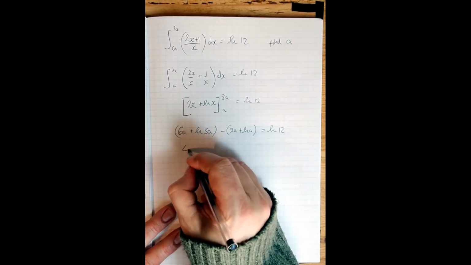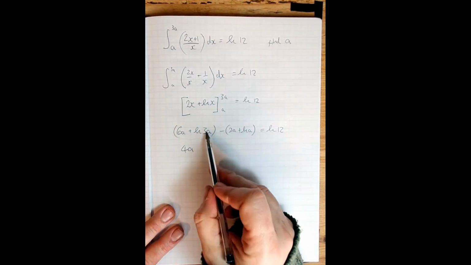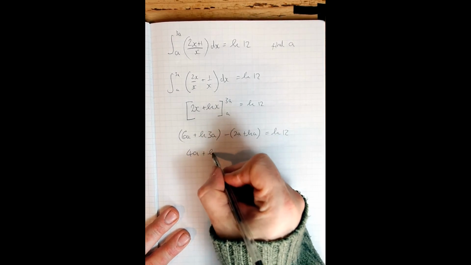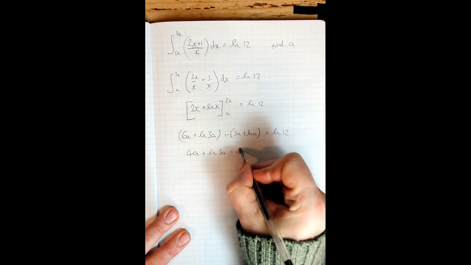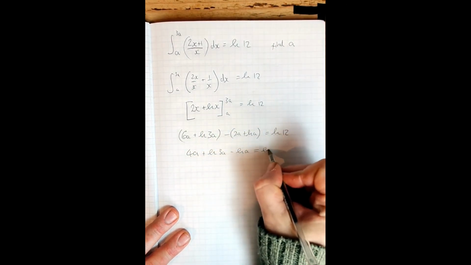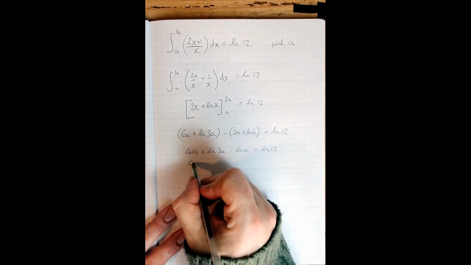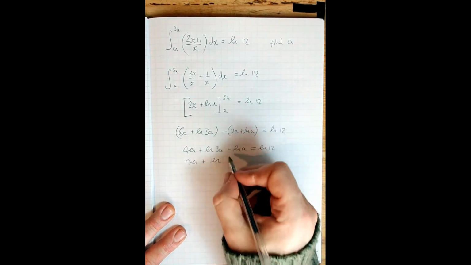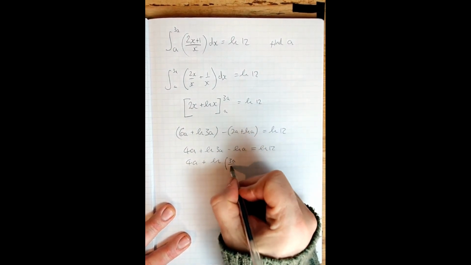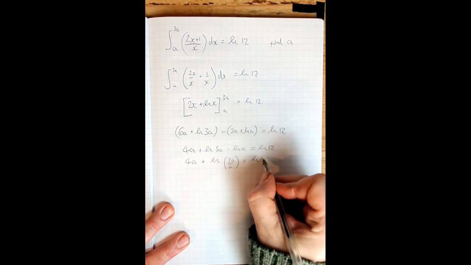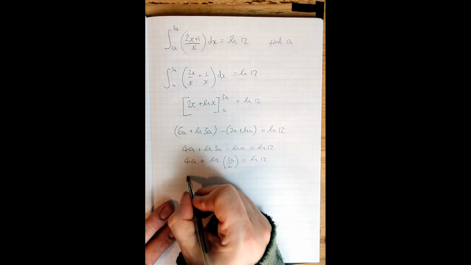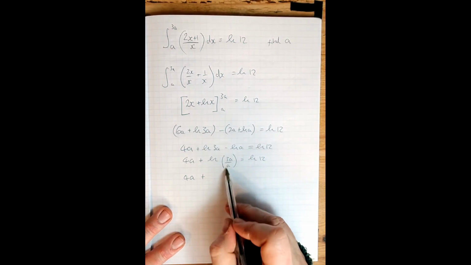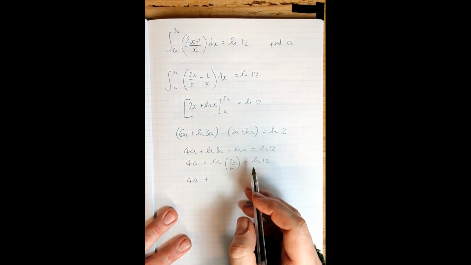6a minus 2a is 4a. Log 3a minus log a. Remember, log 3a minus log a can be written as log of 3a over a. So 4a plus, well, 3a over a is 3, so log 3.